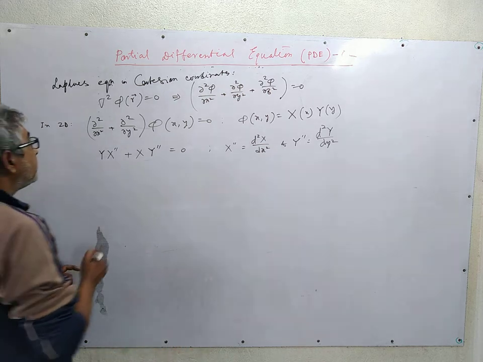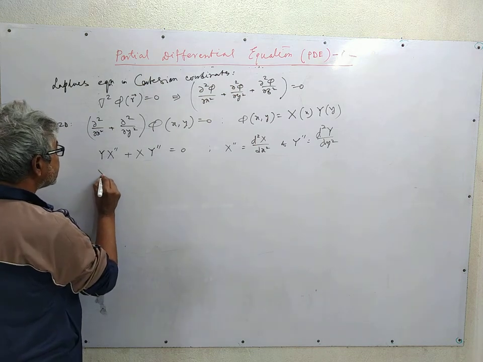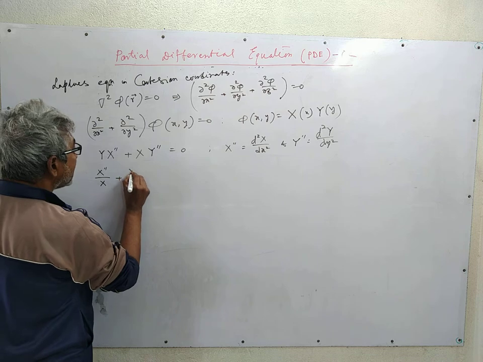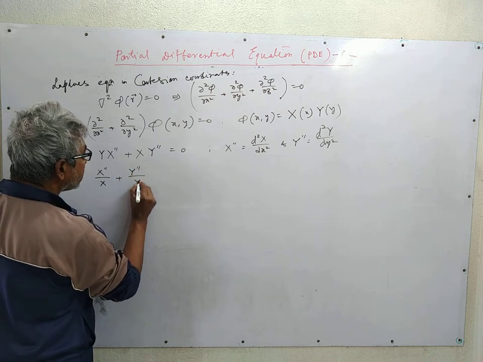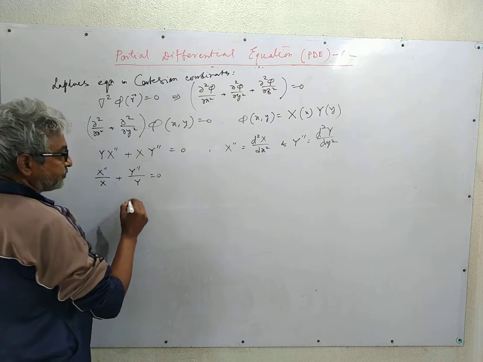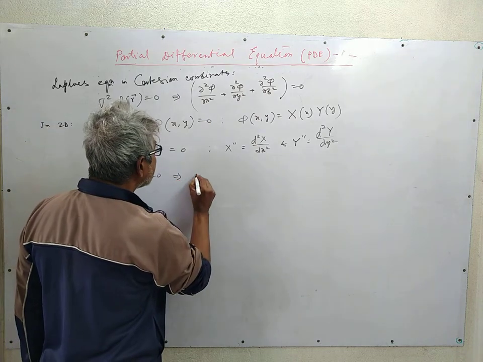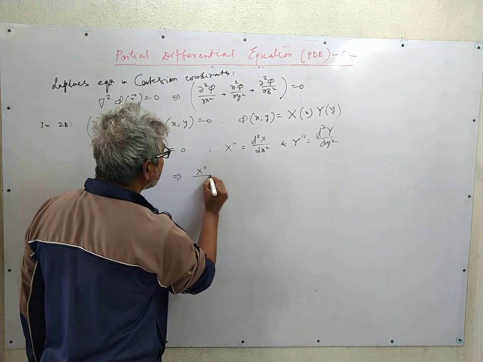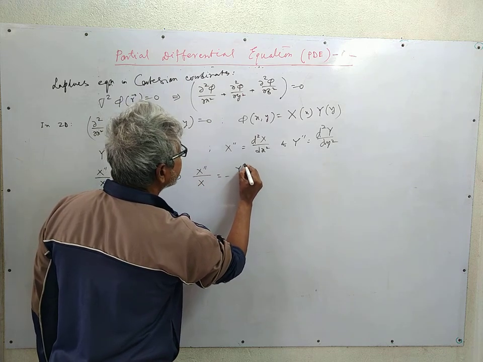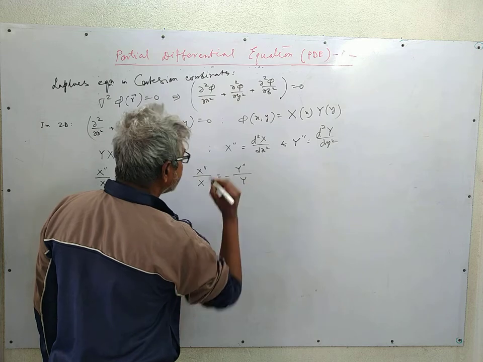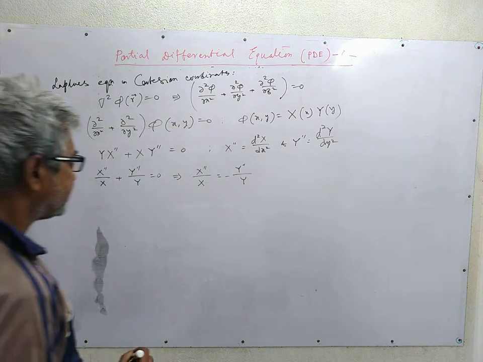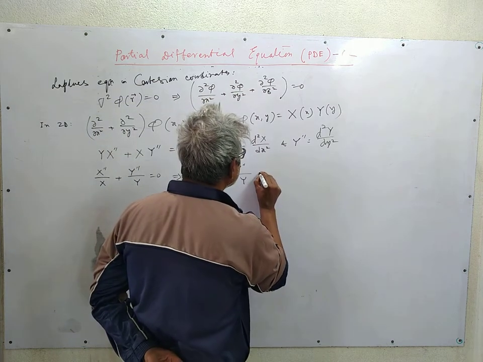So for a non-trivial solution, this equation gives us X double prime by X plus Y double prime by Y equal to 0. If we change the side, then we have X double prime by X equal to minus Y double prime by Y. Now we choose the separation constant.